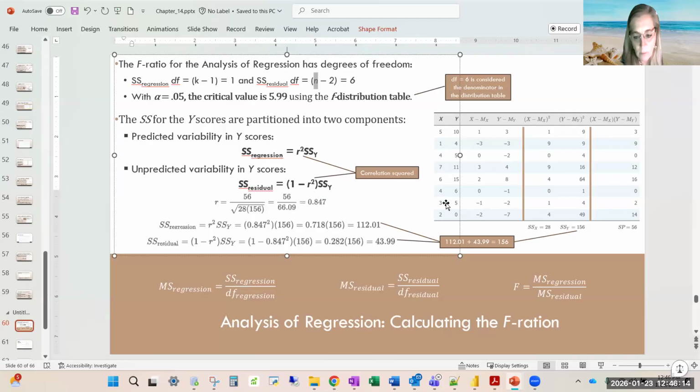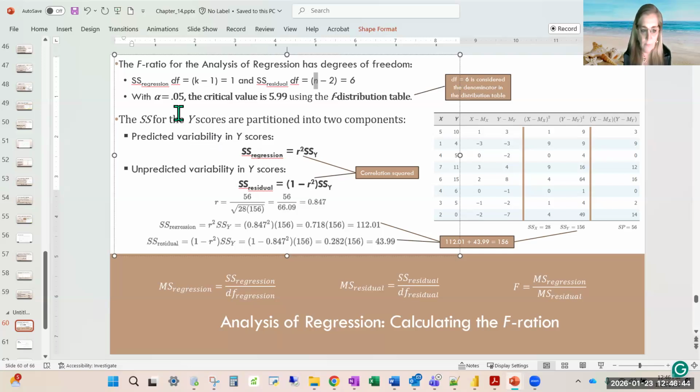We're only talking about the number of scores for one group because the same person is being evaluated on two different variables, maybe their height and their weight. So we only have 8 people and we subtract 2 from that. So SS residual is 6.